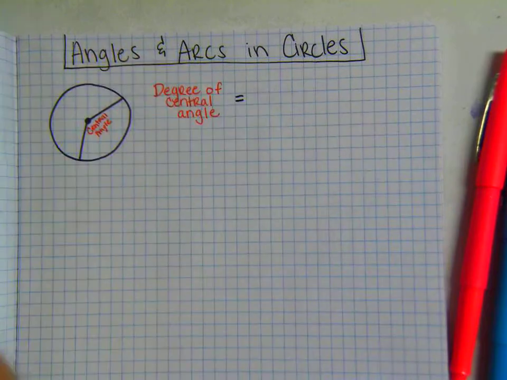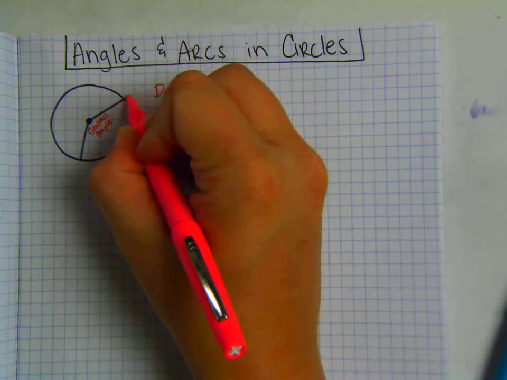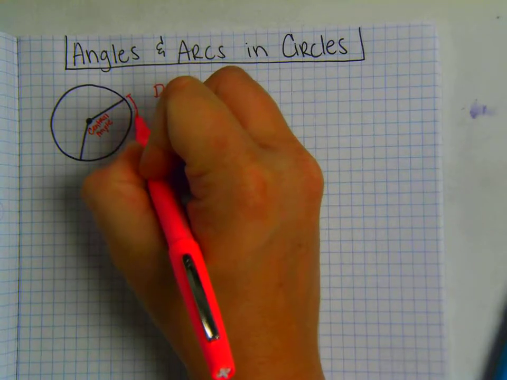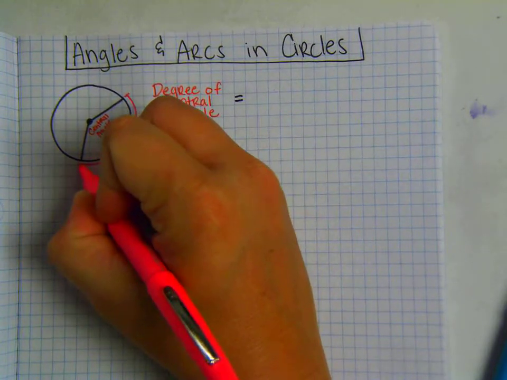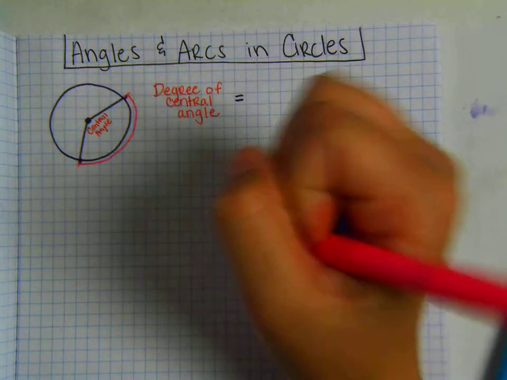Okay, and then we have an arc. The arc is from where it intersects to where it intersects. So those endpoints, there and there, that is called the intercepted arc.